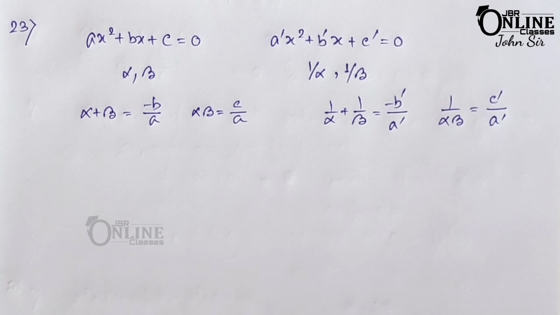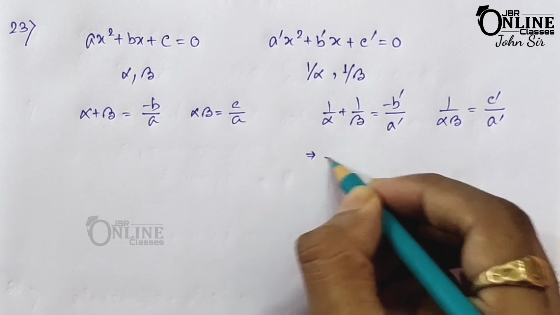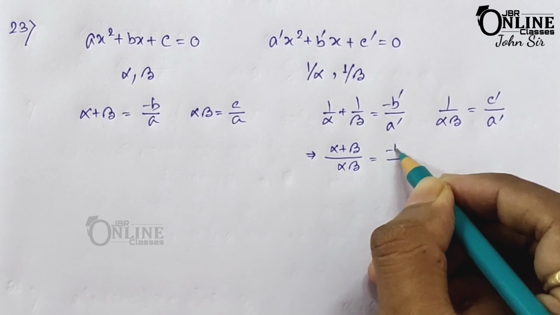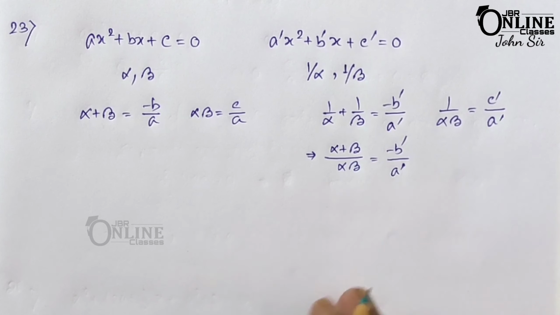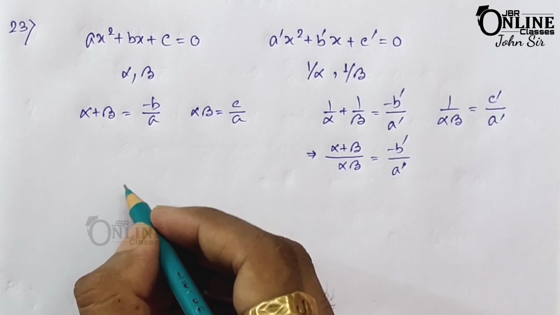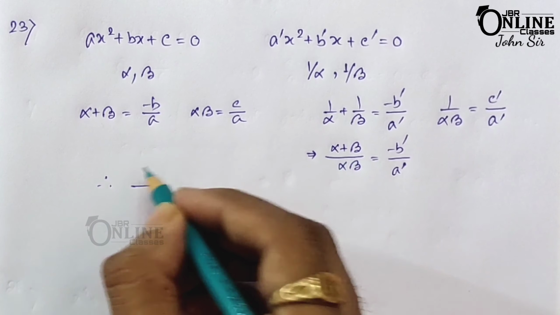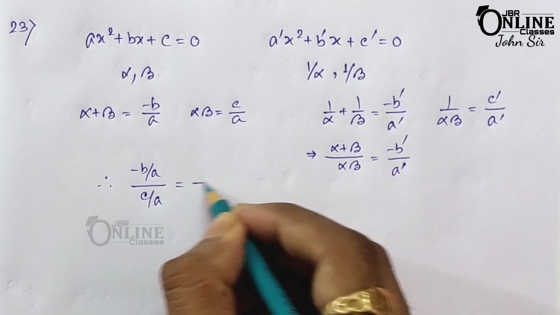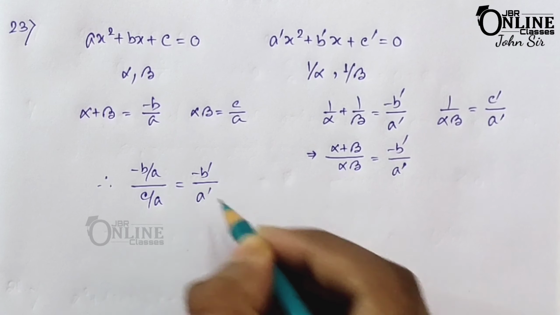Okay, so now here if you add this one, you will get alpha plus beta by alpha beta, that equal to minus b dash by a dash, and you know the value of alpha plus beta and alpha beta, so just put it down. So here you will get minus b by a, and the lower here c by a, that equal to minus b dash by a dash.